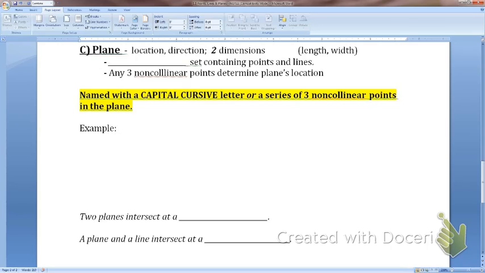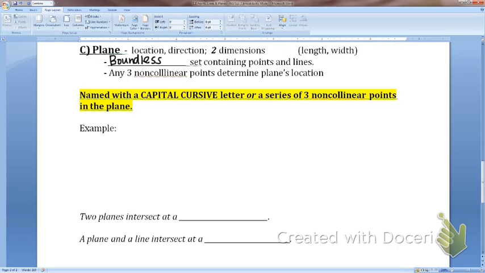I would say it is a boundless set containing points and lines. So any three non-collinear points determine a plane's location. That just means if you have any 3 points that are non-collinear, then you have a plane.